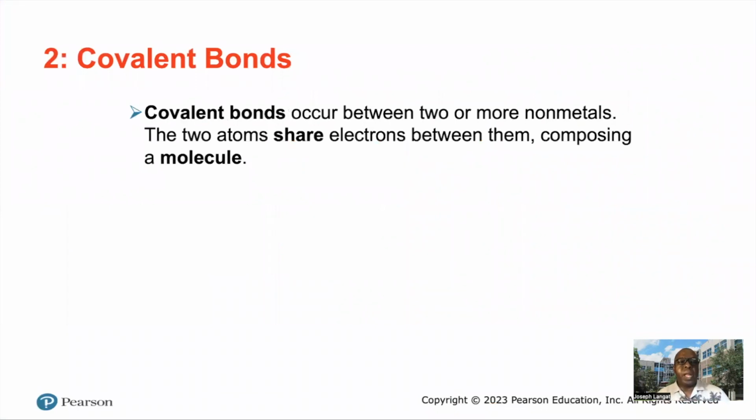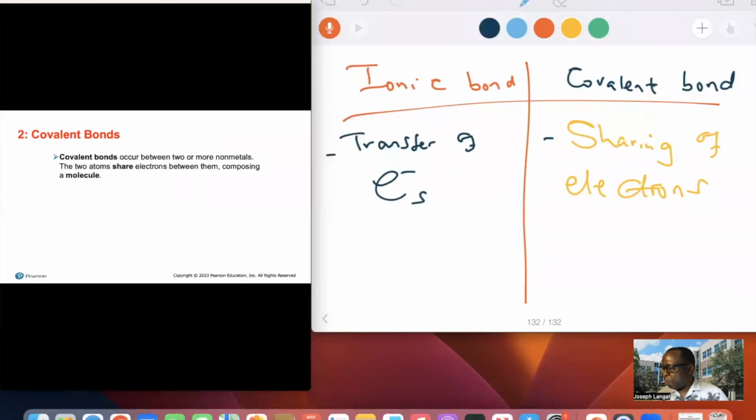Now, let's see, covalent bonds are formed between 2 or more nonmetals sharing electrons. I explained that, and they form what we call molecules. For ionic bonds, they form formula units.